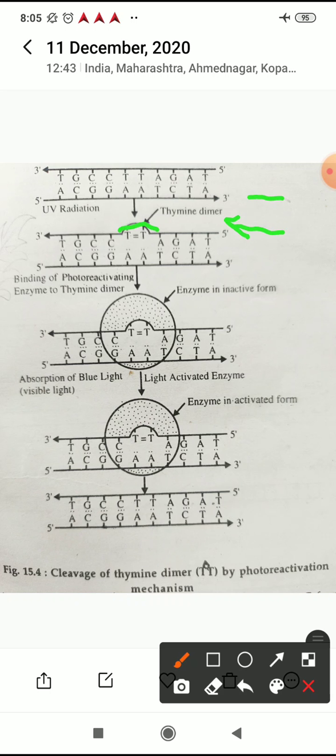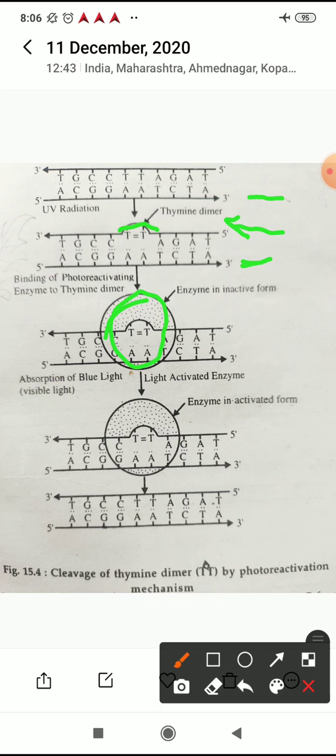So in this region, the thymine dimer is shown, and after that, when the DNA is exposed to normal or visible light, due to the blue light, the enzyme gets activated, and this enzyme is shown over here.